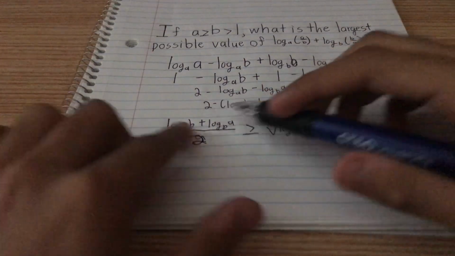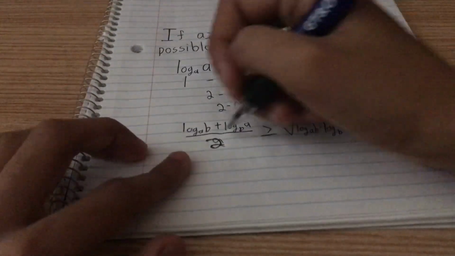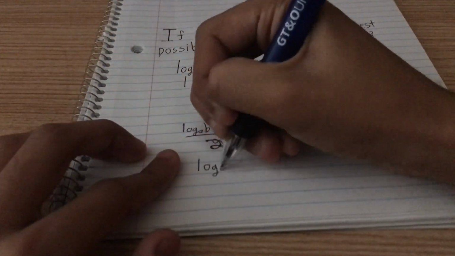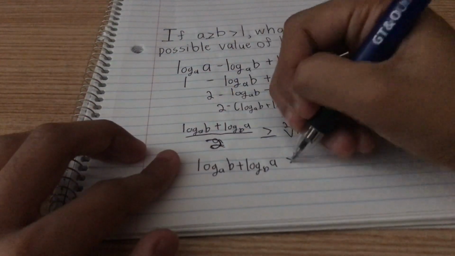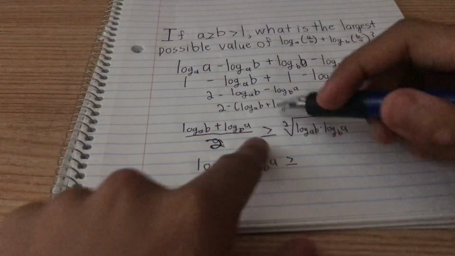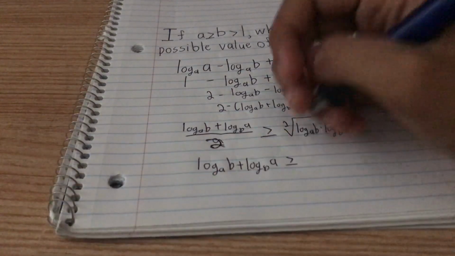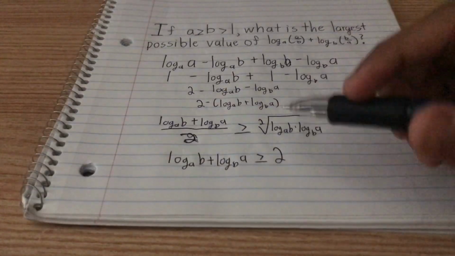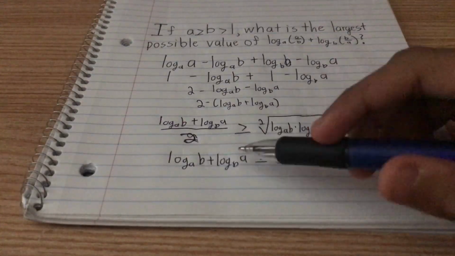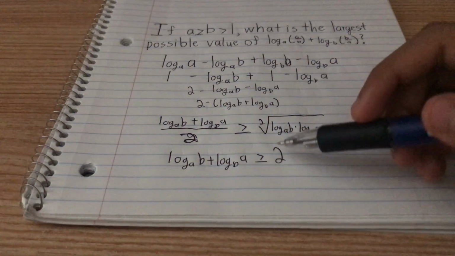Then you multiply by 2 on both sides to get log base a of b plus log base b of a is always greater than or equal to 2 times 1, which is 2. So we see that the minimum value that log base a of b plus log base b of a can be is 2.